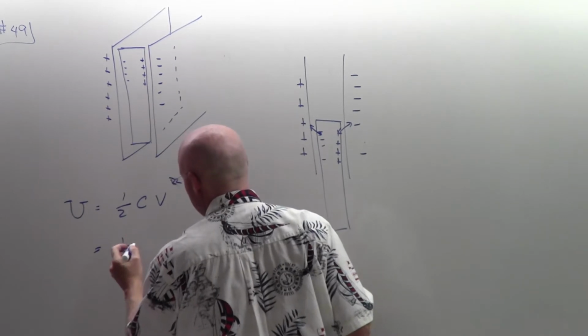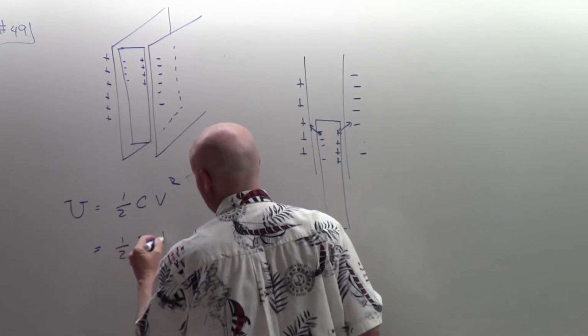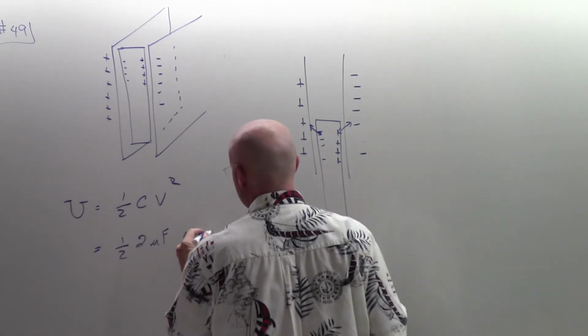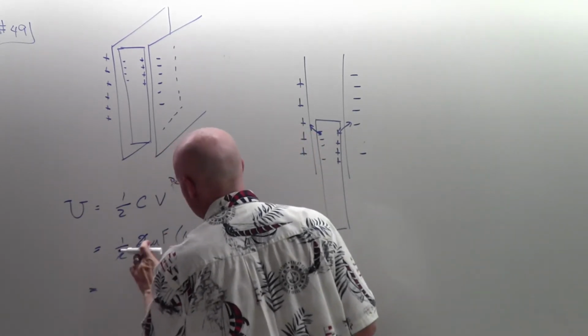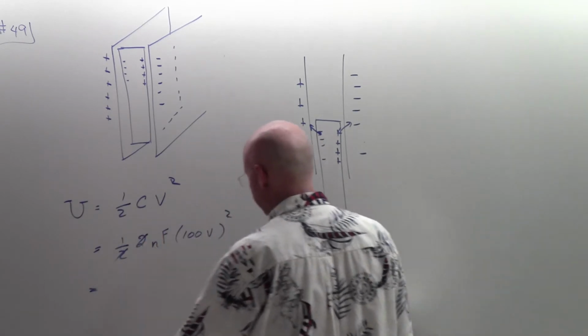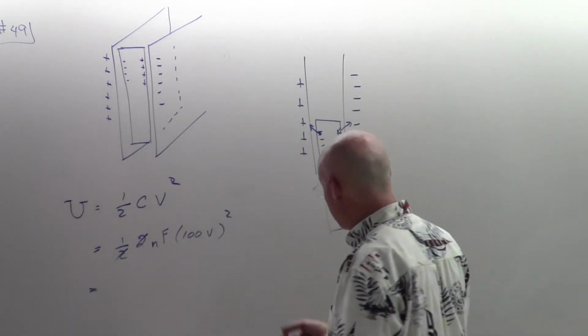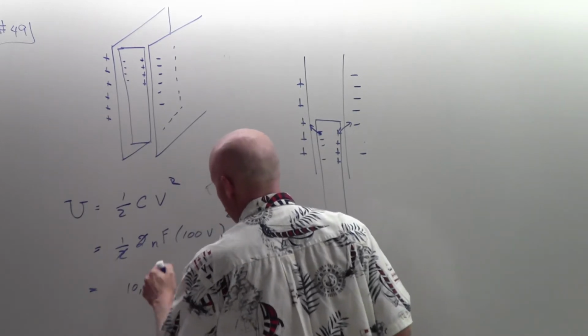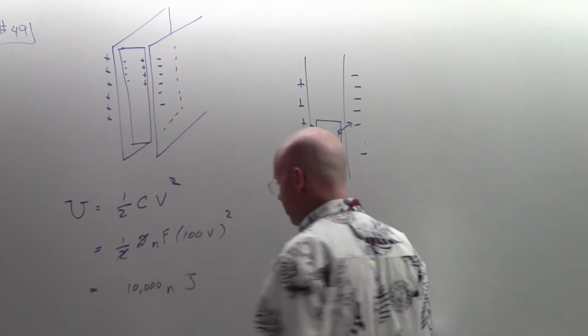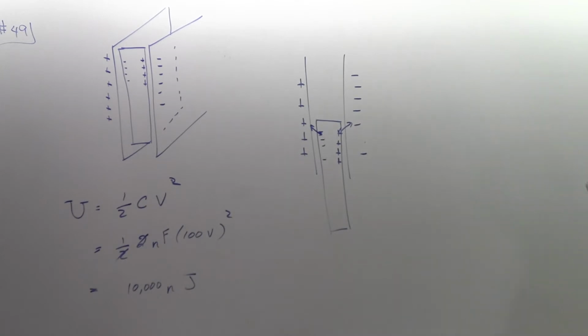My C is 2 nanofarads. My voltage is 100 volts. 100 squared is 10,000 nanojoules. Okay, so I got 10,000 nanojoules of energy stored in that capacitor, at least before I pulled it out.